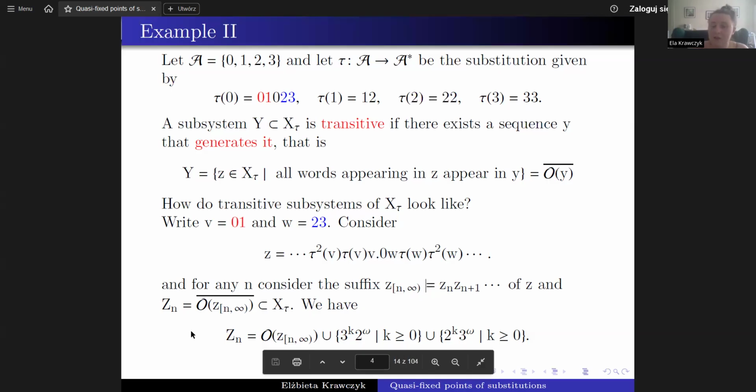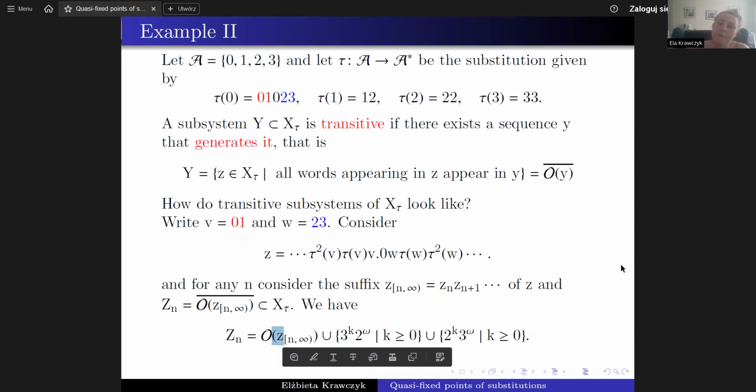In fact, each of these subsystems Zn has a simple structure. It is just the one-sided orbit of the point Zn infinity, together with countably many points which are ultimately periodic, and come from the fact that I have a periodic sequence of 2's, a periodic sequence of 3's, and that the words 3, 2 and 2, 3 appear in the language of my system.